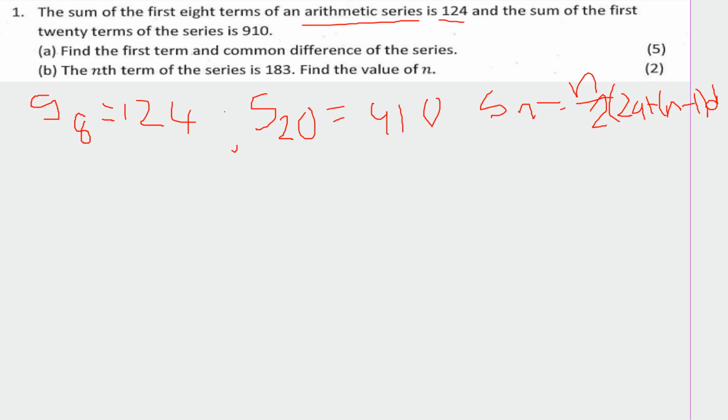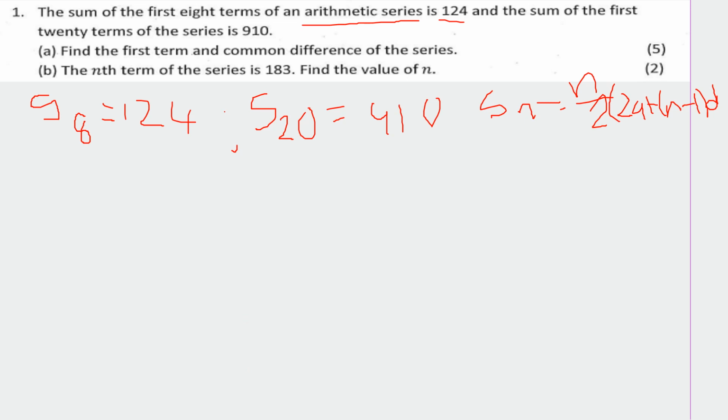So this is the equation of the sum of the series. Now remember, they have told us that the sum of the first 8 terms is equal to 124. So I will be correct if I substitute 124 here as Sn and also substitute n as 8, because this is the information that is given to us.